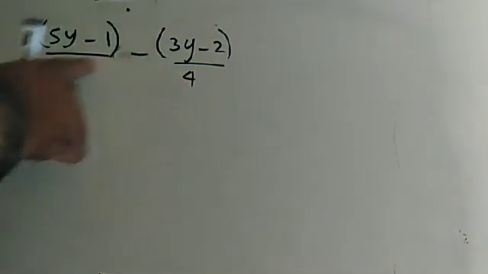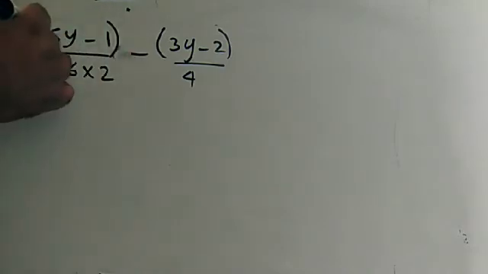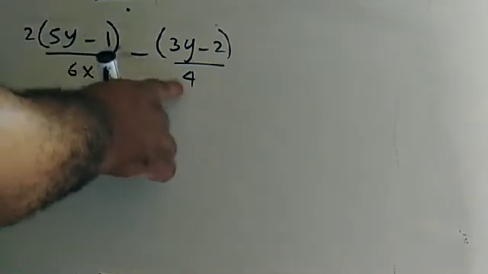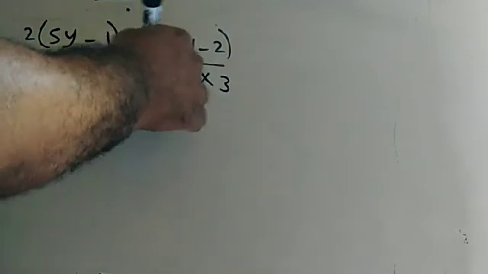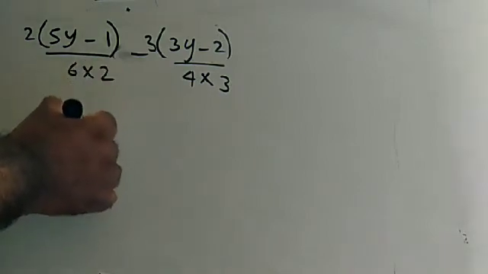12. To make 12, 6 should multiply by 2. This expression also multiplies by 2. 4 should multiply by 3. Then this expression also multiplies by 3. Right? To make 12. Then 6 into 2, 12.